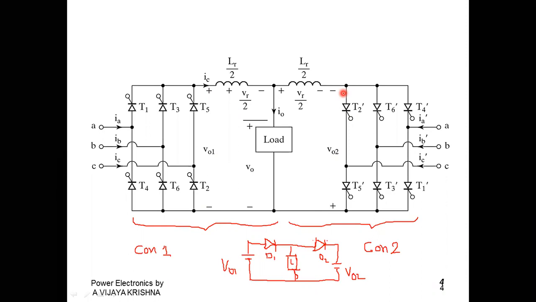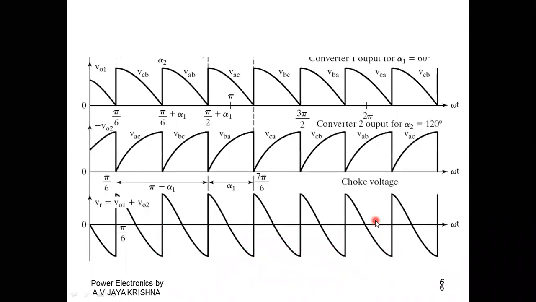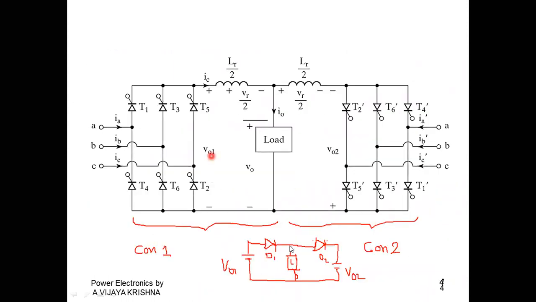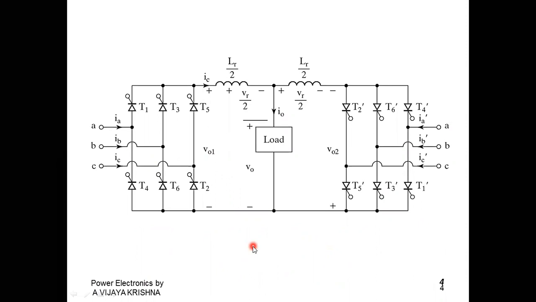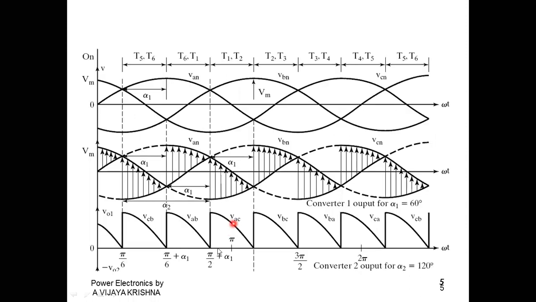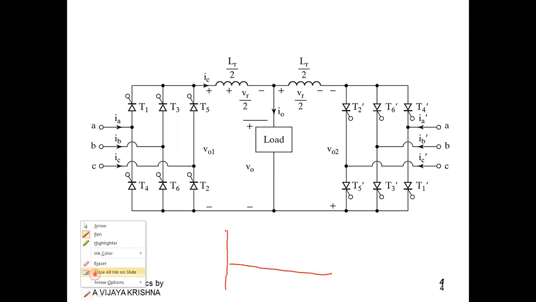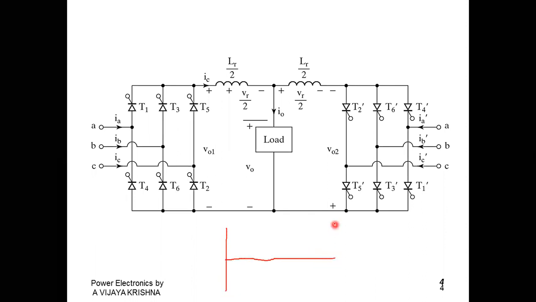So how should the graph look? I will show here how the graph looks in practice for a dual converter, for the rectification and also the inversion mode of operation. I'm telling about the ideal dual converter.